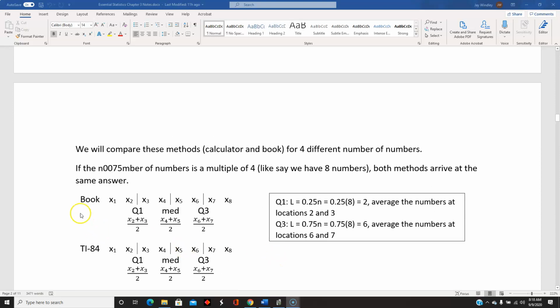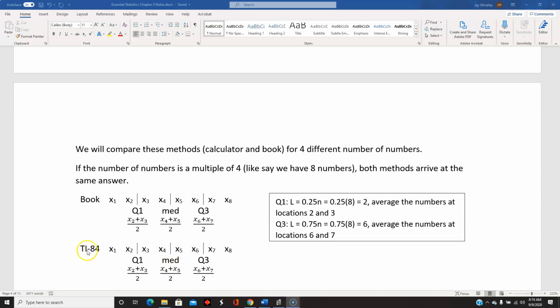So first of all, I'm going to compare the book procedure with the TI-84 procedure. First of all, I'm going to compare them for a data set that has 8 numbers. I'm looking at a set of numbers that is a multiple of 4, because if the number of numbers is a multiple of 4, then it's easy to split it up into 4 pieces, and both methods arrive at the same answer.